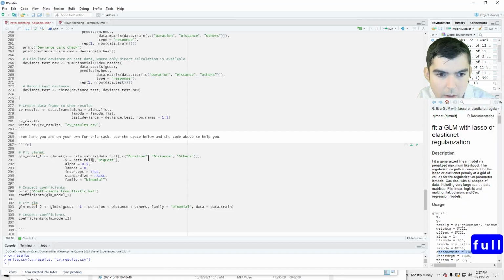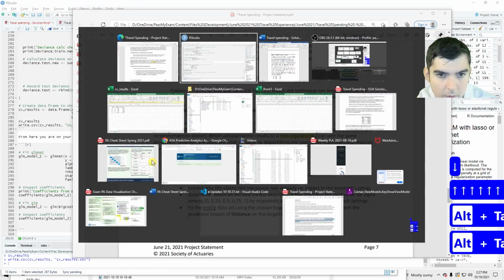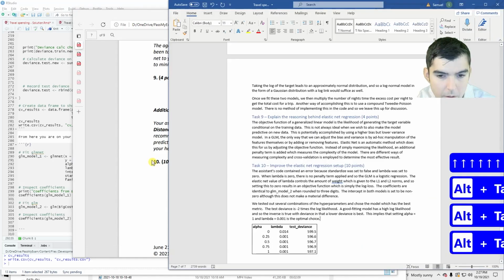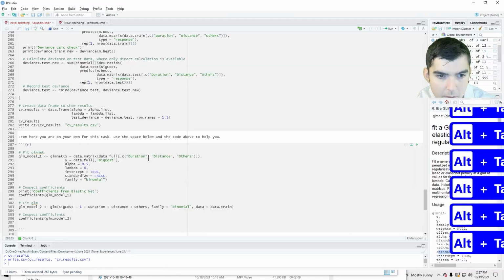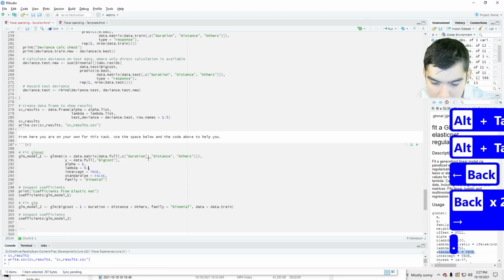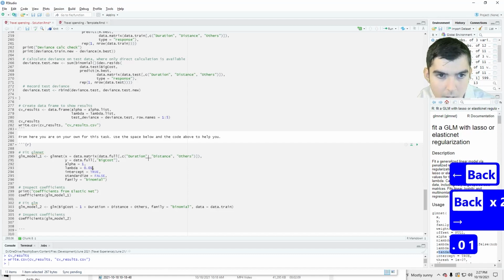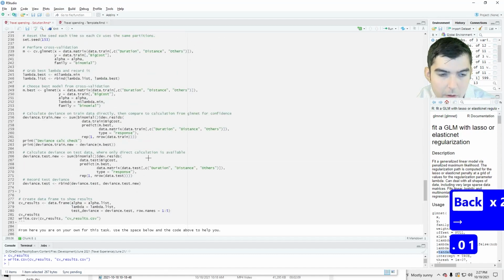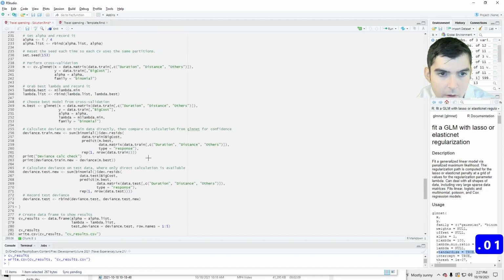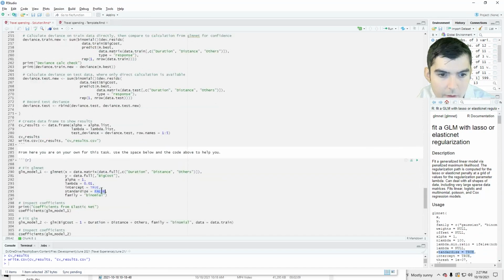Right? And then we want to set alpha to 1 and lambda 0.001. And we also want to be sure that we turn on standardize to true.